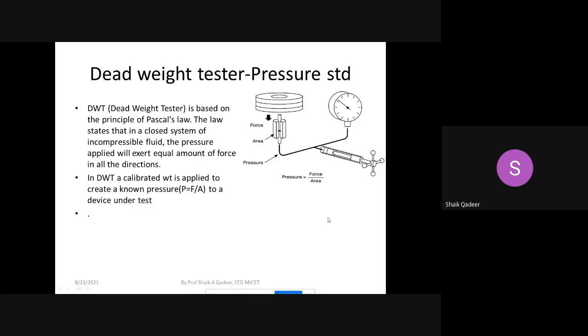The only difference between measurement and calibration is, in case of measurement the intention is to find out the unknown quantity, and in case of calibration the intention is not to find out the quantity but to find out the error in the measurement, right?